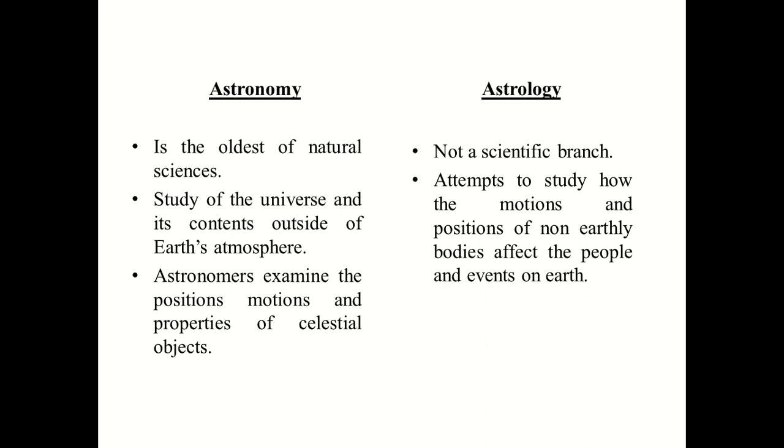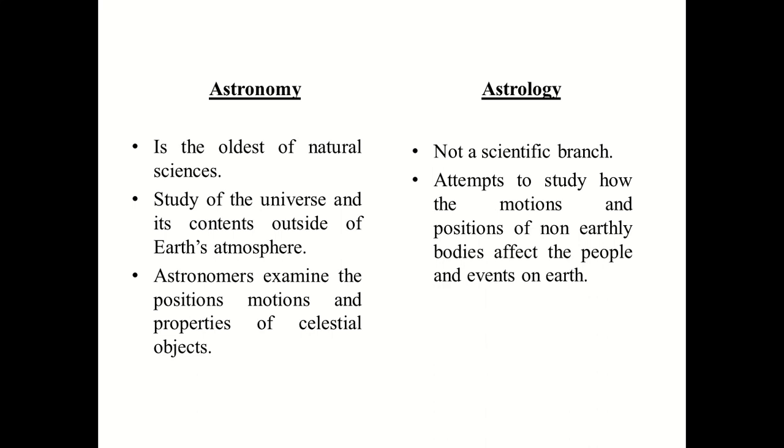Astronomy is the study of the universe and its contents outside of Earth's atmosphere. It is actually, I am correcting it, the universe means the objects in the celestial sphere and the celestial phenomena. Astronomers examine the position, motions and properties of different celestial objects.